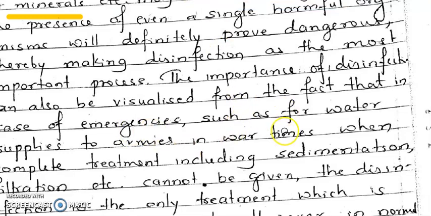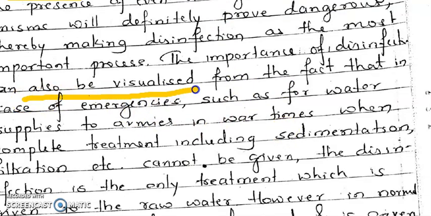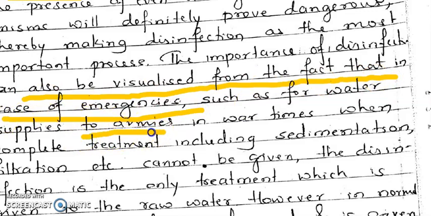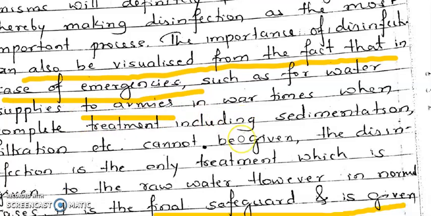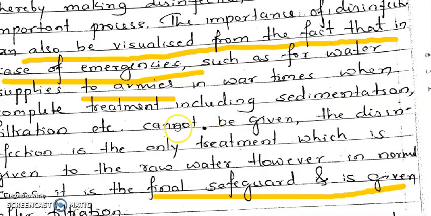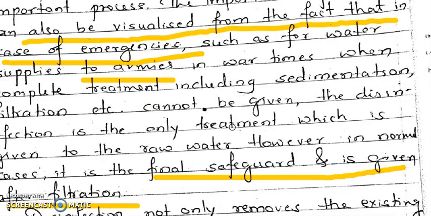Now the importance of disinfection can also be understood from the fact that in case of emergencies, like in water supplies to armies or in camping areas, or when people go for trekking and hiking, in such places where complete treatment of water may not be possible, in such times also, if you use some method of disinfection, then you can safely consume the water, right? So that is the importance of disinfection. Even if no other treatment is possible, you cannot avoid disinfection.